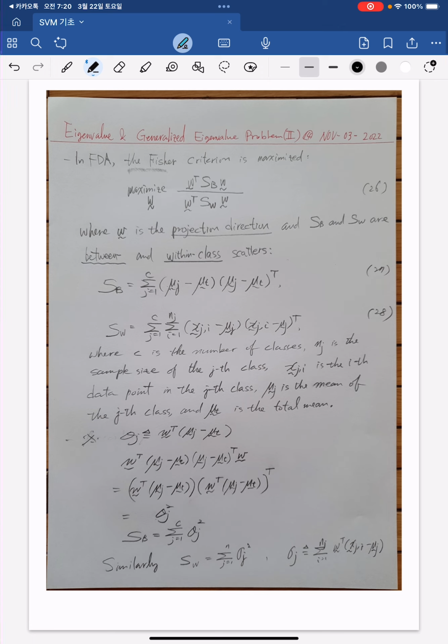In FDA, the Fisher criterion is to maximize the ratio. 여기서 SB는 이렇게 되고 SW는 이렇게 돼요. Where W is the projection direction and SB and SW are the between and within class scatters.